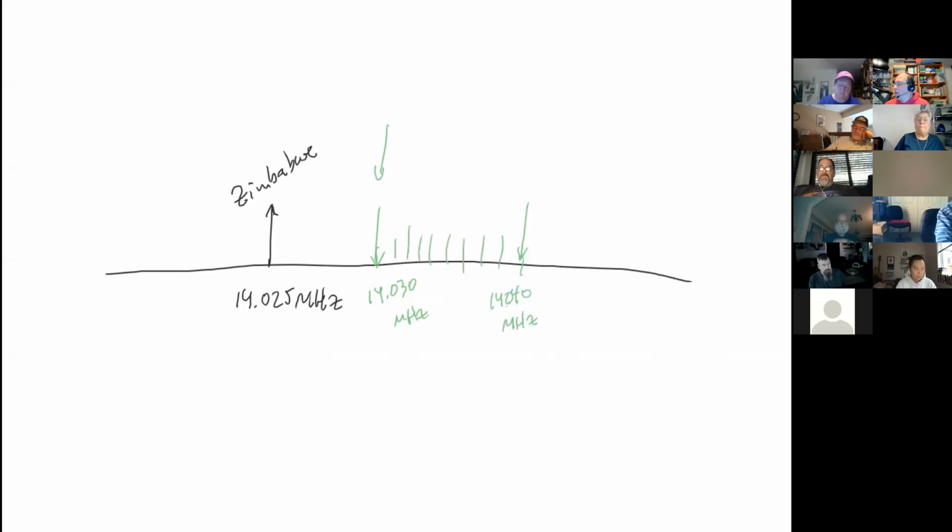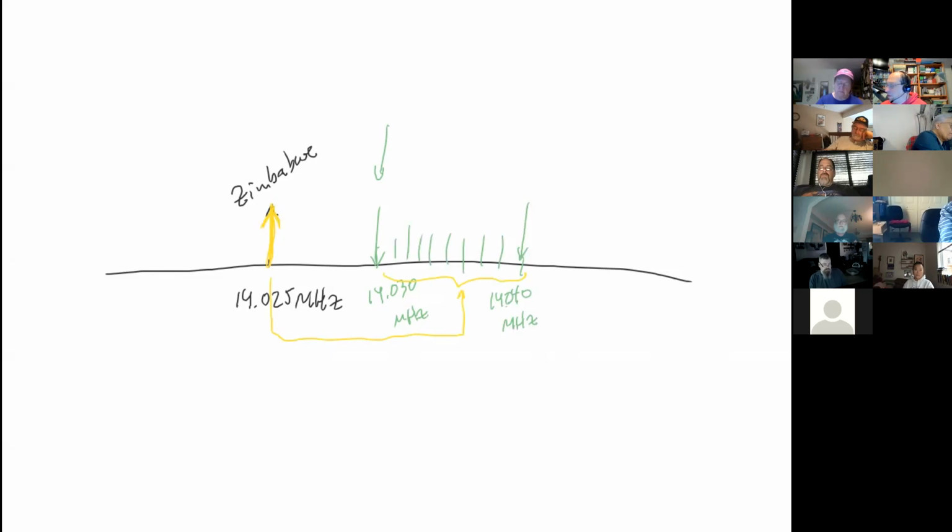And essentially, his receiver will then be used to tune to any number of different frequencies in this entire range and pick out the strong signal and say, that's who I'm going to talk to. But at that same time, does that station ever want to change his transmitting frequency that everyone else in the world is listening to? And the answer is no. So this is known as a split operation.